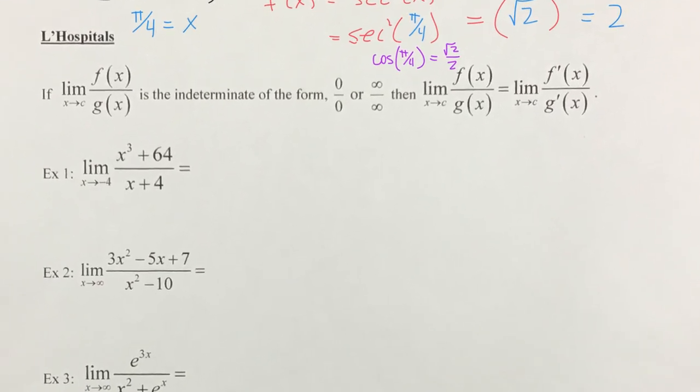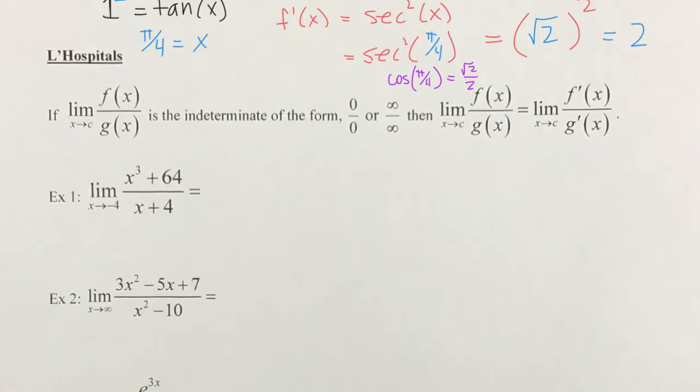Okay, so the rest of this is a rule called L'Hopital's rule. And it's where if you plug in your function, we get 0 over 0 or infinity over infinity. Okay, so we're going to plug in your value every time to check, to make sure that we are able to use L'Hopital's rule.